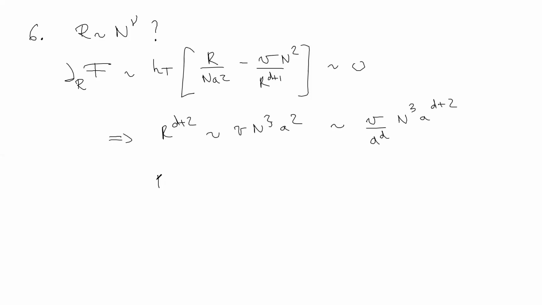So that now if I take the power 1 over d+2, I get that R goes like a, from this guy, and n to the 3 divided by d+2, and a certain term that we will discuss in a minute.